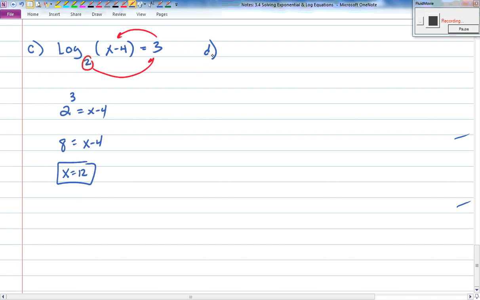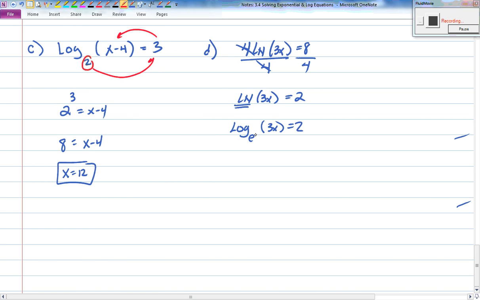And then we'll do one more example. If we have 4 times the natural log of 3x equals 8, the goal is to get x by itself. I'm going to divide both sides by 4. I'm going to get the natural log of 3x is equal to 2. And then natural log is nothing more than log with a base e of 3x equals 2.